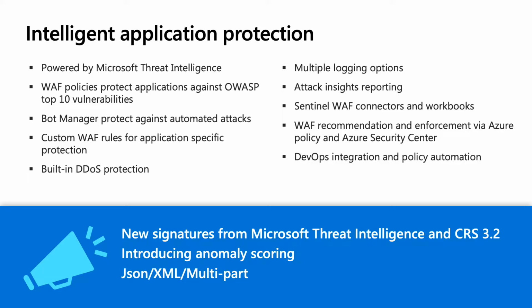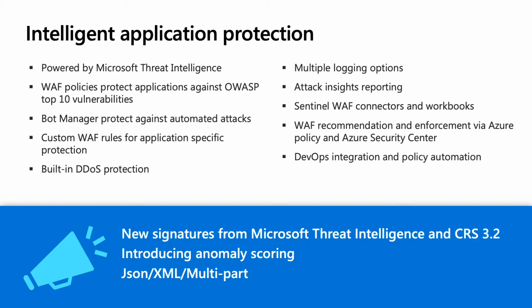Just as with any other Azure service, the security configuration here is all API driven. So you can manage security configuration in your DevOps pipeline to help you with automation. There are some new capabilities that we are adding with Azure Front Door Premium.